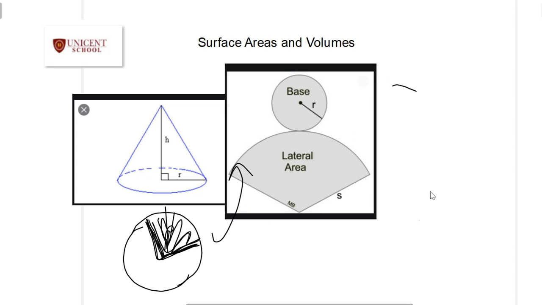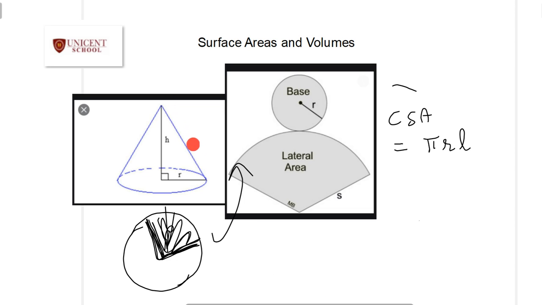Now if I want to calculate the curved surface area of a cone, CSA of a cone, I know that it is equal to pi r L. How do we get this pi r L? What is the length we consider in the cone?